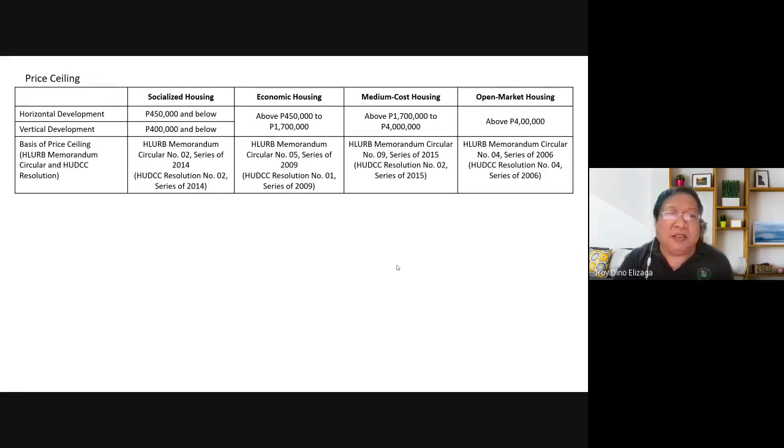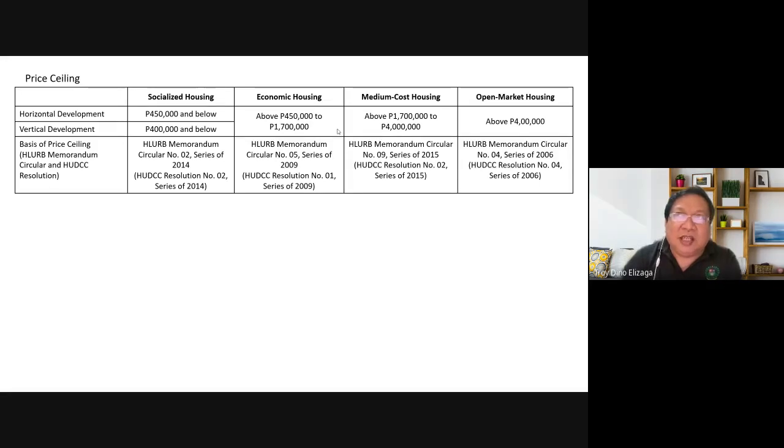On the other hand, on the extreme side, socialized housing is mostly used because there is a law that says, which I mentioned during the briefing, that whenever there's a project for a subdivision, if the lot is more than 1 hectare, the developer is required to donate 20% to socialized housing.